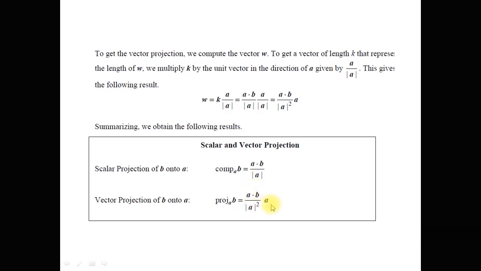And scalar into vector, a scalar multiplied by a vector, gives a vector quantity. So in these two expressions, note that this is the scalar projection of one vector onto another vector, and this is the vector projection of one vector onto another vector.